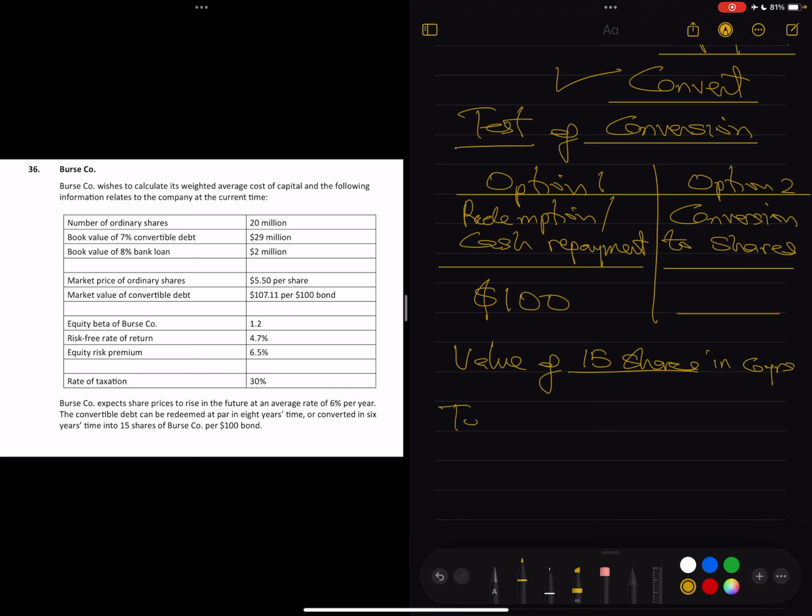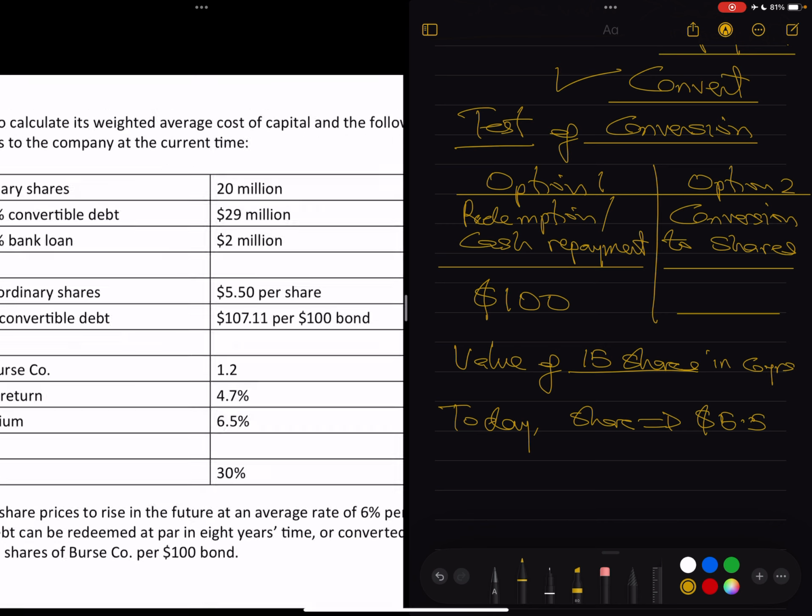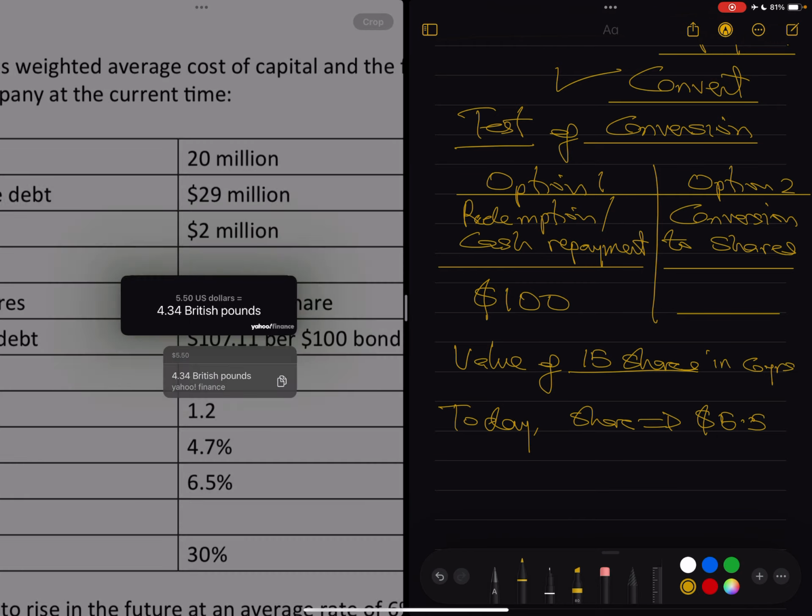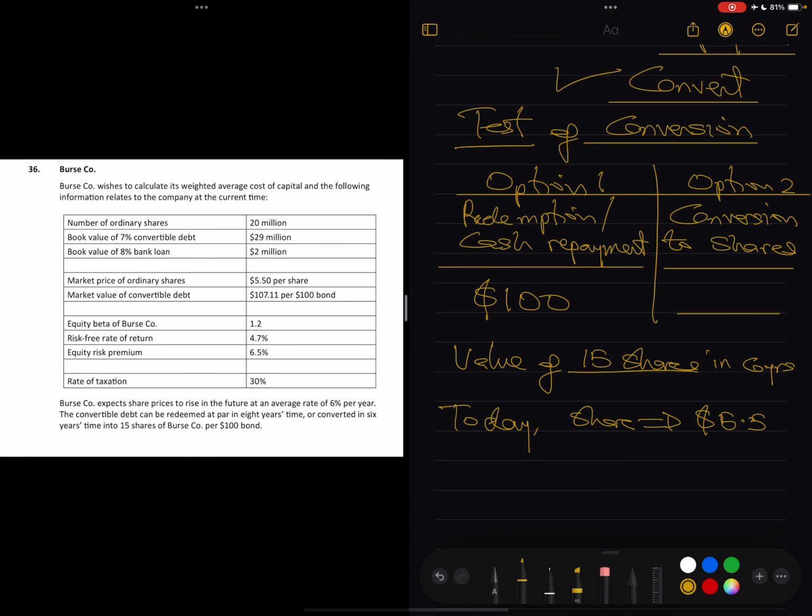Today, each share is worth $5.5. That is what we have been told here. You can see it here. This guy is worth 5.5.